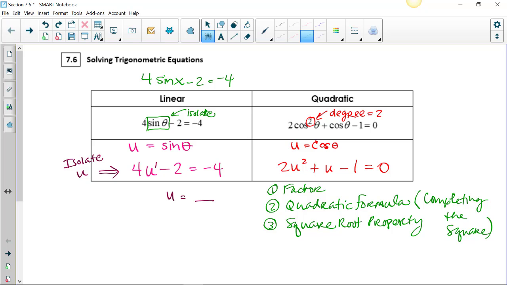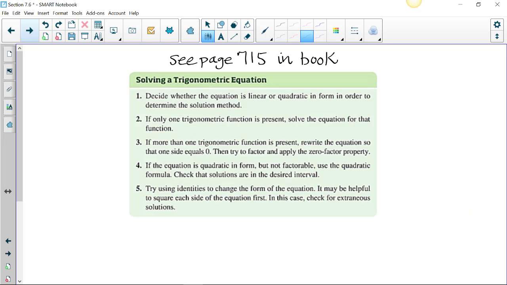All right, so let's start very basic. But before we do, it would be very helpful if you would follow this procedure. It'll save you in situations where you're tempted to do something that's wrong. First thing, is it linear or is it quadratic? And then you can decide what methods we use for solving those types.